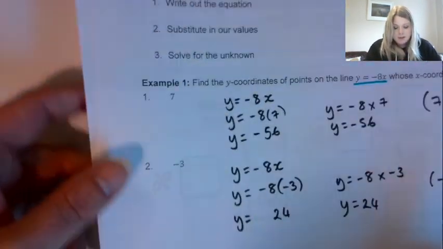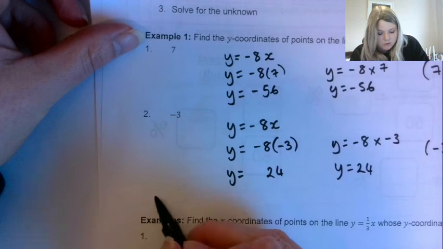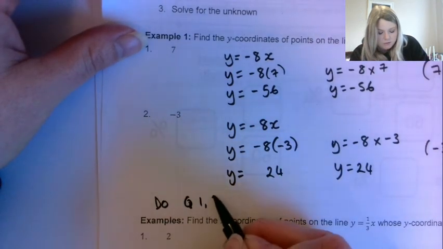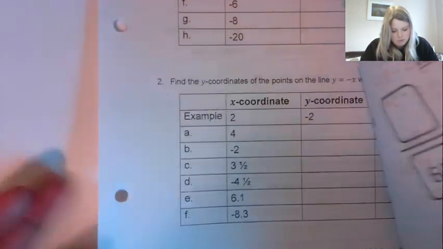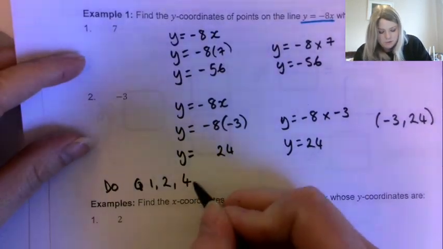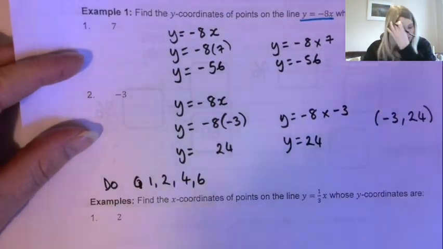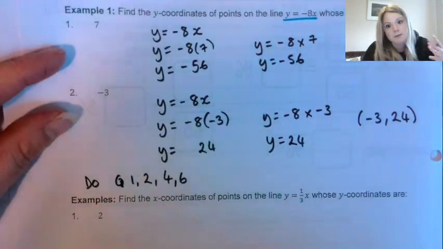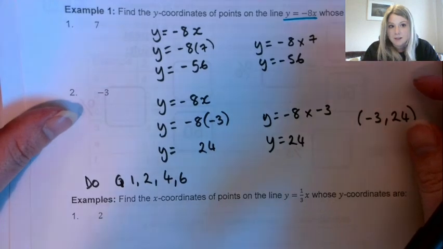After we've done example 1, do questions 1, 2, and then 4 and 6, wasn't it? Yeah. Do questions 1, 2, 4 and 6. Right? So pause me, do those ones, and then unpause me to come back and do this next example.